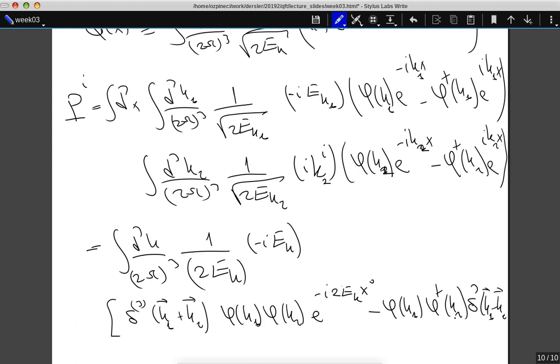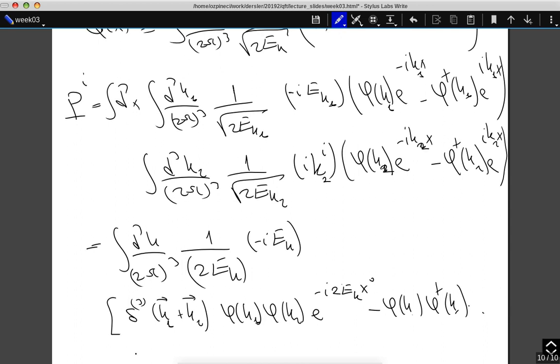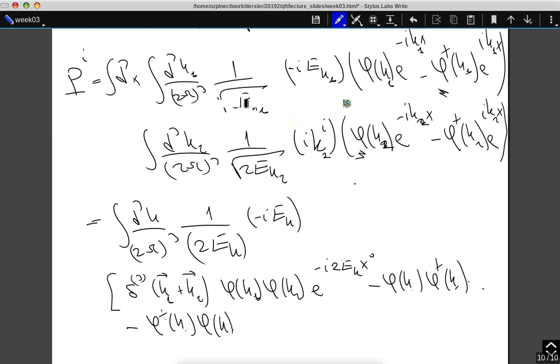Okay, these are the nice terms. Let me just use the K for all of them. I evaluated the delta integral already. Then I have minus phi dagger of K1, phi dagger of K, phi of K, this term and this term. And then I have the product of the last terms.